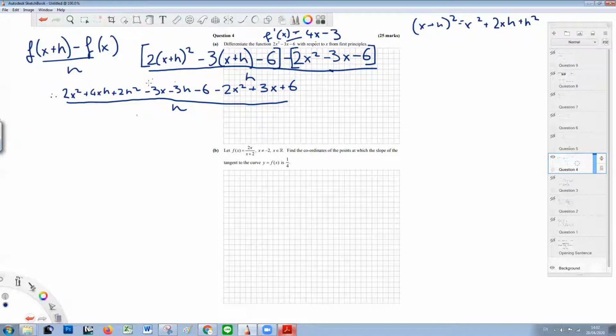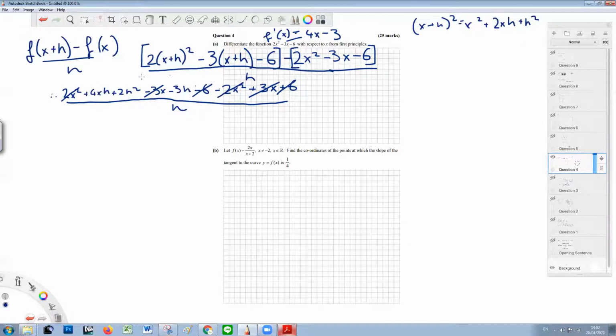I just need to do it via first principles. So that is going to cancel with that. So that's 2 of them gone. That is going to cancel with that. So that's another 2 gone. That is going to cancel with that. So I need 4x minus 3.